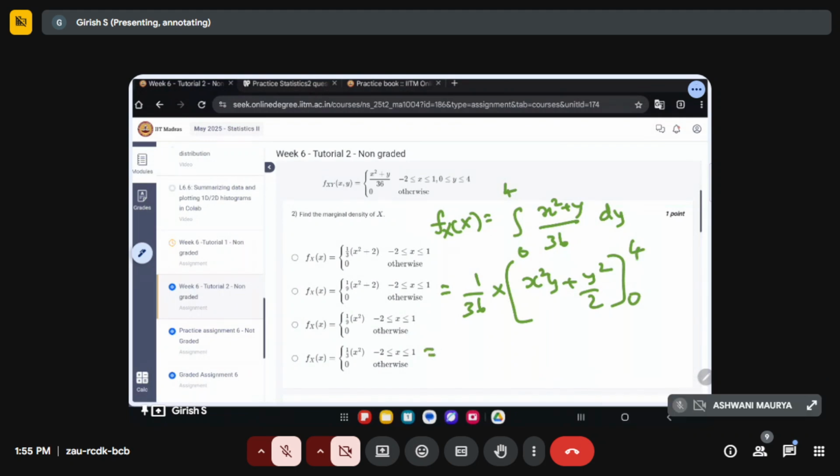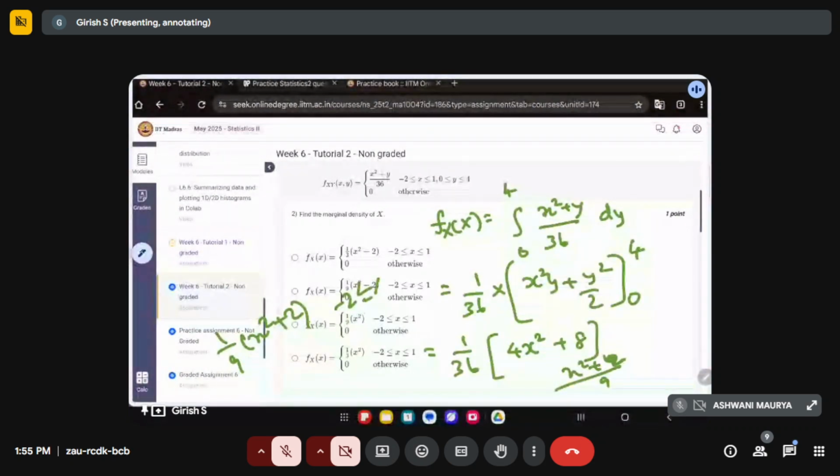So 1 by 36, y is varying: 4x square plus 4 square, 16 by 2 is 8. And this gives you x square plus 4 divided by 9. Sorry, x square plus 2 divided by 9. So this becomes 1 by 9 into x square plus 2, and x varies from minus 2 to 1. This is your option. Is this right? Is this fine?